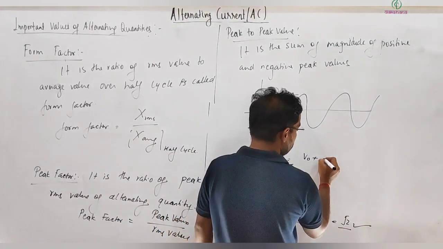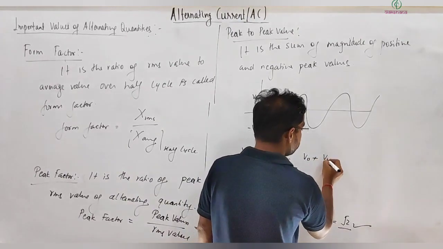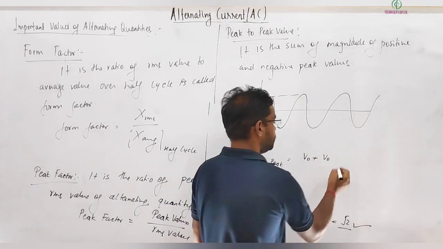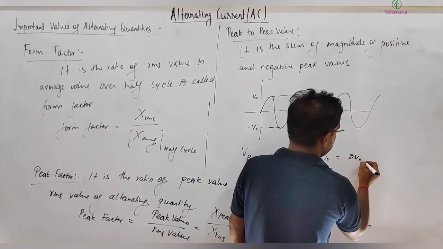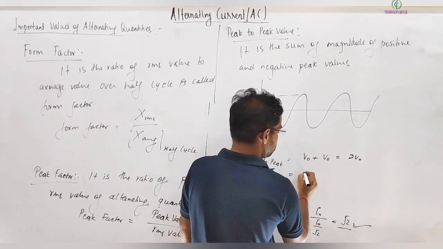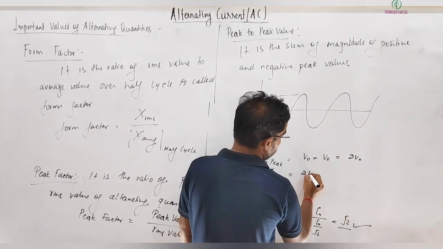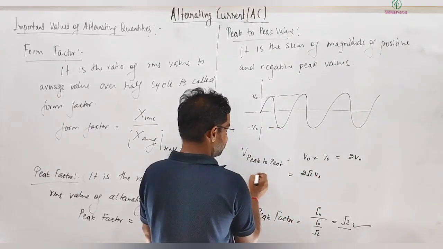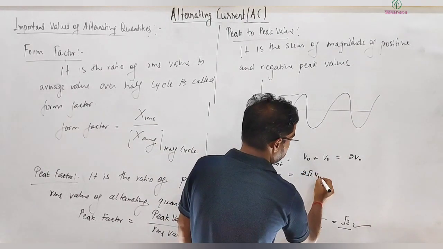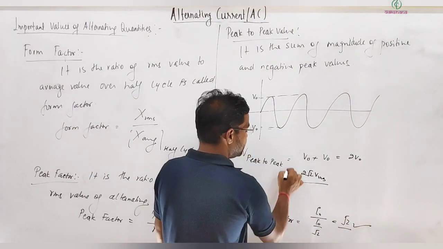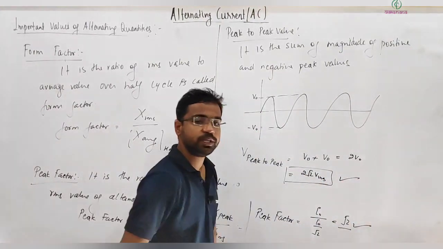So this is 2 V naught, and this can also be written as 2 root 2 V RMS, because V naught can be written in terms of RMS value. Simply this is termed as peak to peak value.